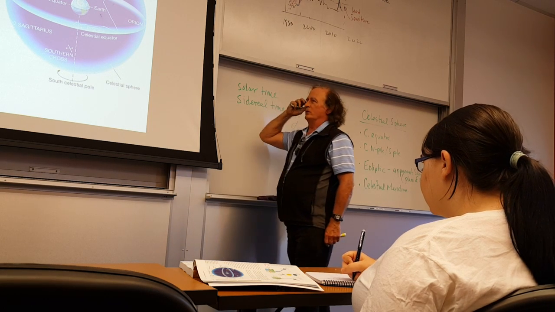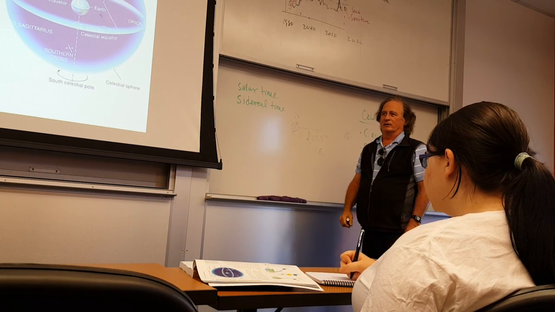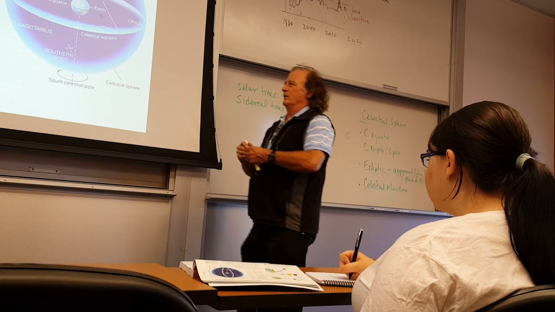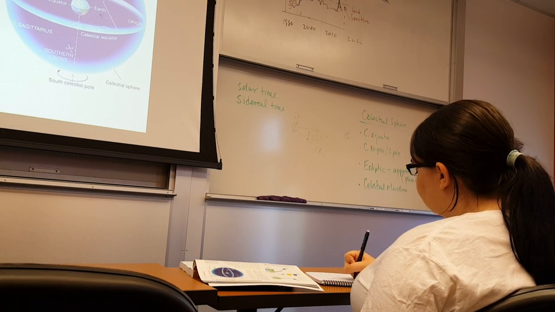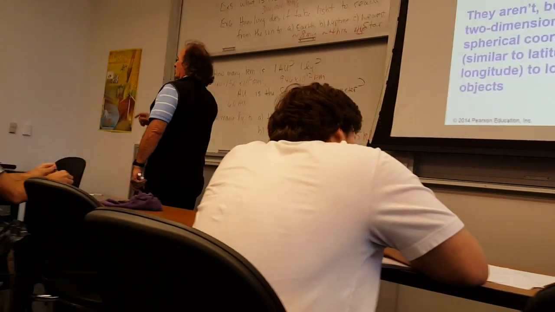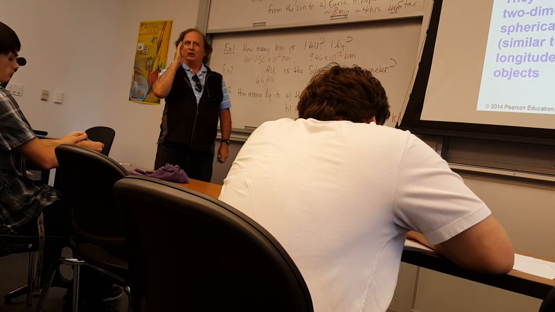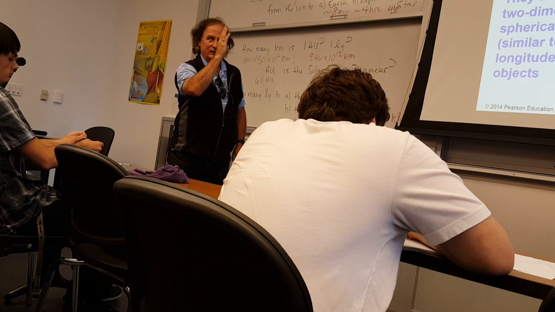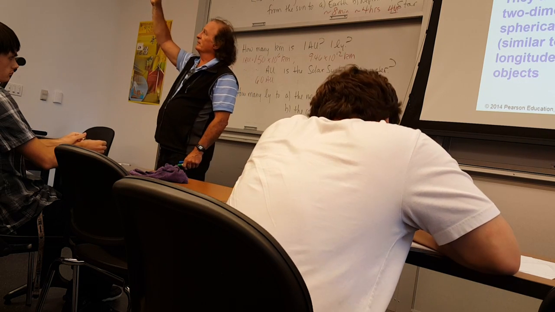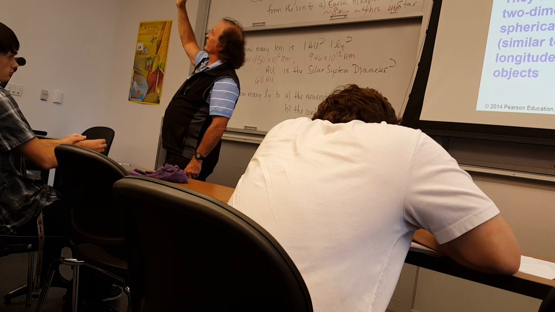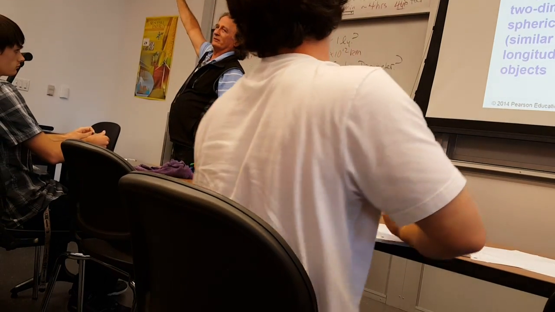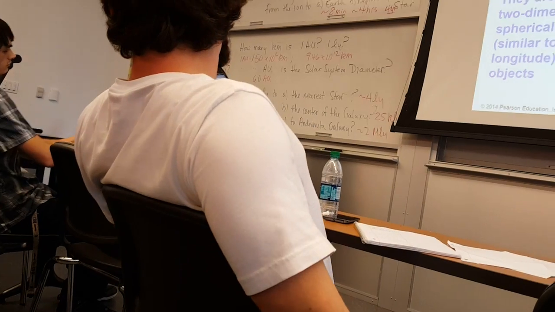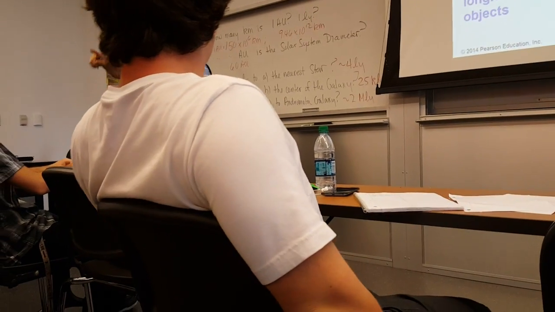Sidereal time has to do with the stars and is relative to the stars. The Earth is rotating and orbiting at the same time. A solar day is the time it takes from the sun being at one position in the sky, like sunrise or the apex at midday, to the next day.